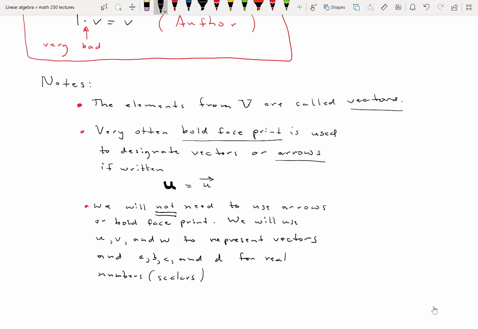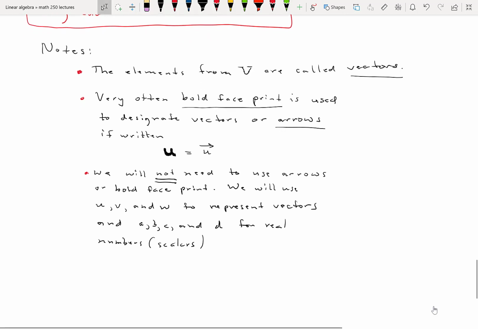What do I mean by lighten up? In our course, we will not need to use arrows. There's no need for you to write arrows over your vectors. We will not need to use arrows and boldface print. We will use the letters u, v, and w to represent vectors, and the small letters a, b, c, d for real numbers or scalars.